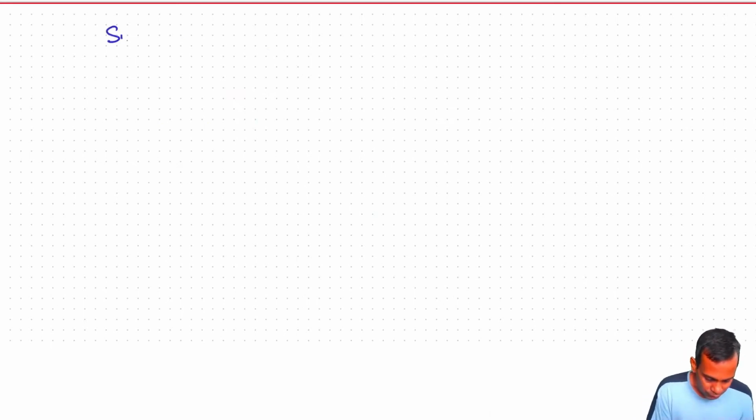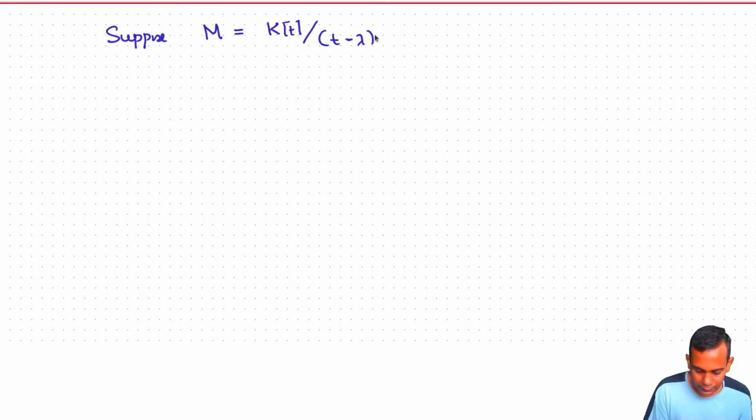So suppose we have M is K[T]/(T minus lambda)^k for some integer k. And then we want to understand the action of T on this with respect to some basis.